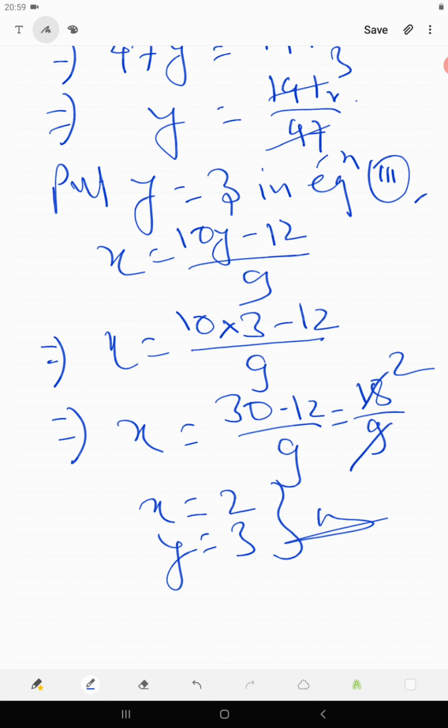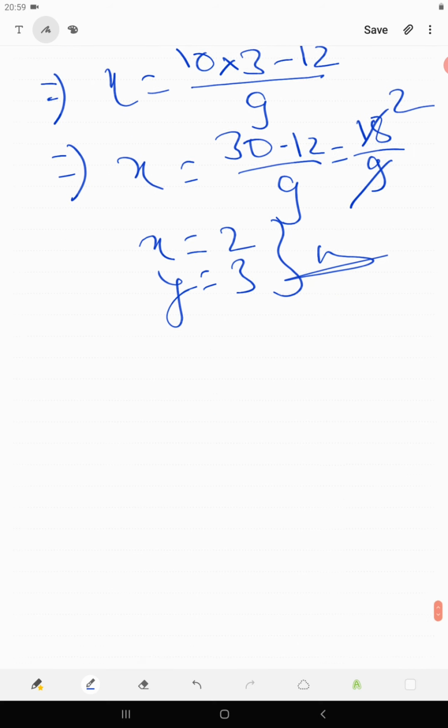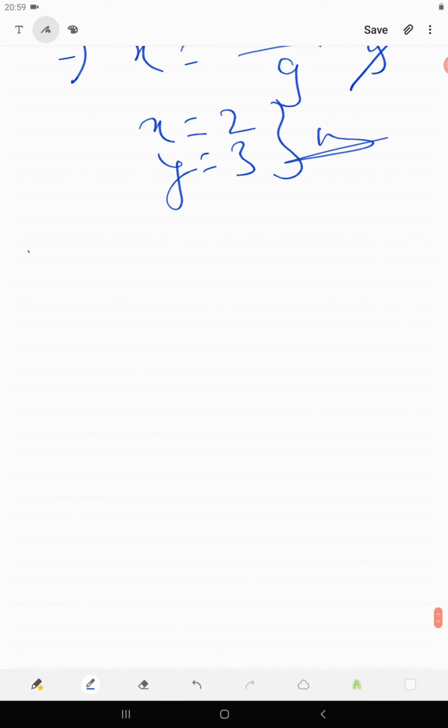So we are done with question 1. Now let's move on and do the second problem. Okay. So the second problem is telling: solve 2x plus 3y equals 11 and 2x minus 4y equals minus 24, and hence find the value of m for which y equals mx plus 3. Okay. So from the first two equations, you need to get the value of x and y.